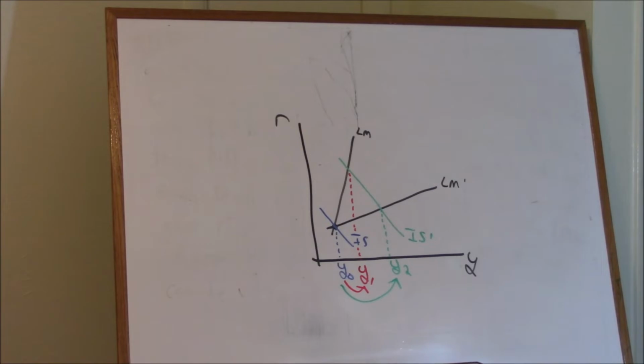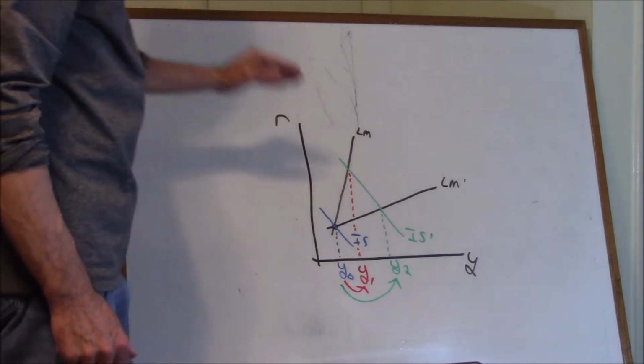With a flat LM curve, we went from y sub 0 to y sub 2. With a steep LM curve, we only went from y sub 0 to y sub 1. Now, of course, we're going to understand why did that happen, okay? Why did that happen? And this is the more complicated of the two scenarios, but it's not that bad, all right?